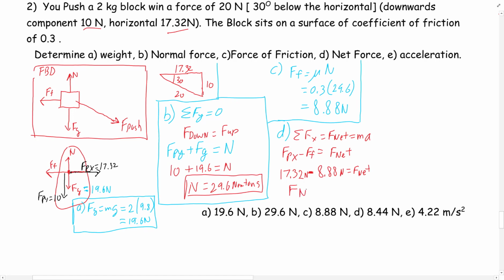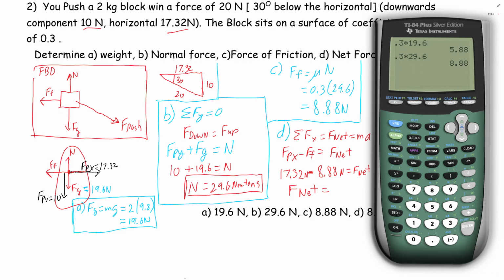So our new F net is going to be different. And that is going to be 10 root 3, 17.32, minus 8.88, and it's 8.44.